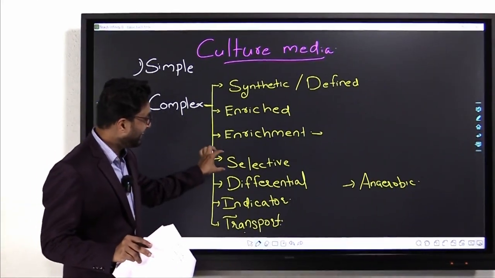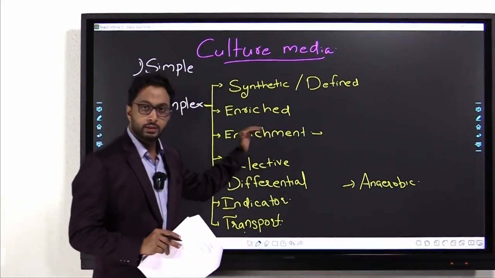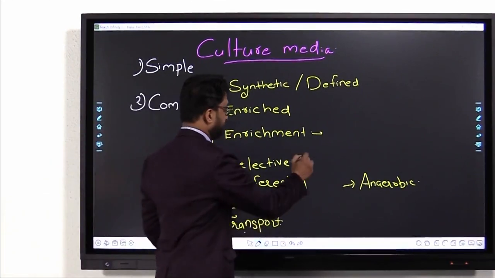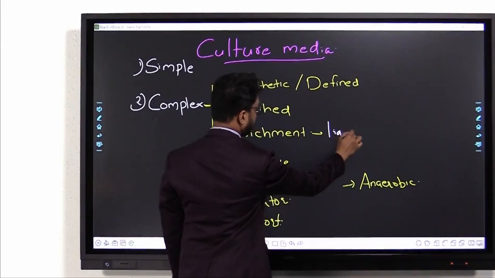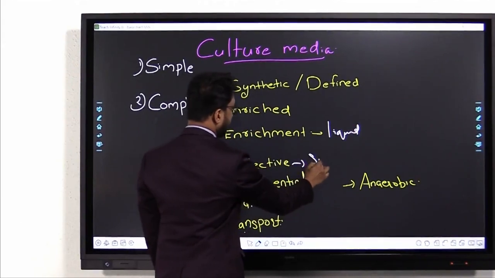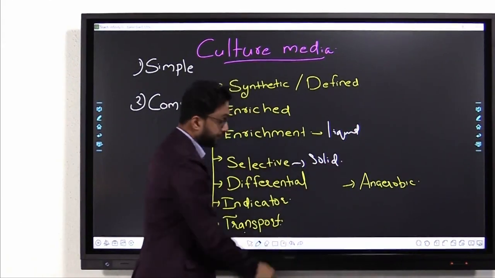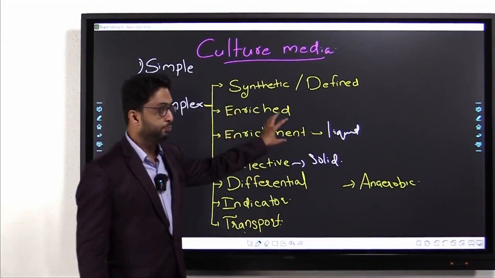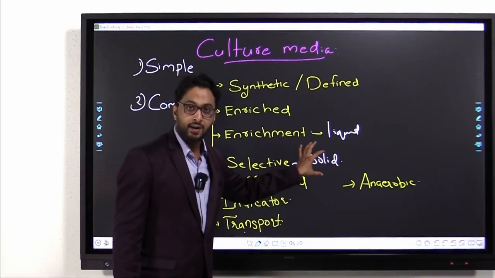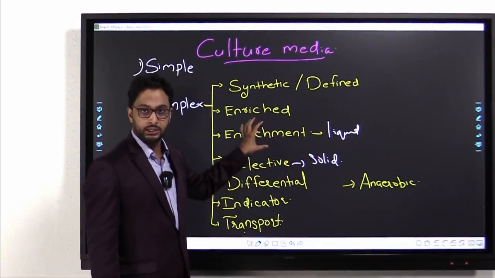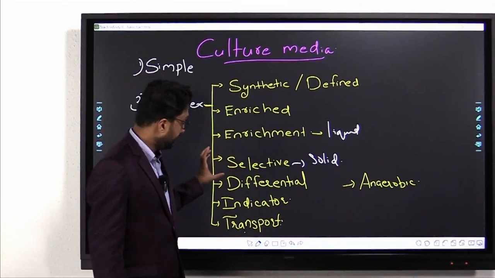Then you have selective media, and the comparison. The difference here is very simple: enrichment is liquid media, selective is solid media. Other than that, there are no differences. Anything saying broth is enrichment, and anything saying agar is selective.